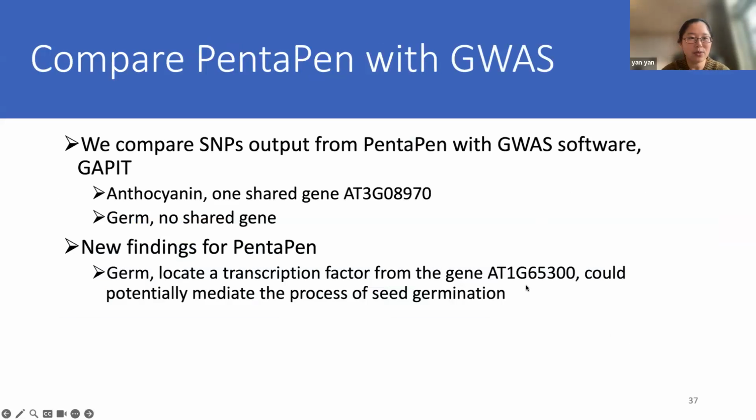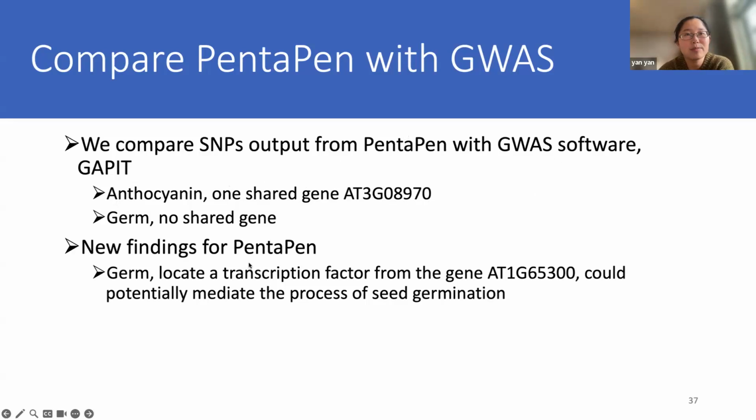On top of that, we also compared our PandaPen with the traditional GWAS. GWAS uses association analysis to look at the same thing, and we compare their SNPs to see if we could find those genes and how they're related to the particular phenotype. So we do find a shared gene between our workflow and the GWAS software, but for the germination days, we don't find shared genes.